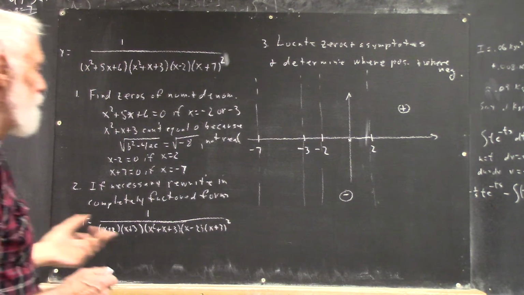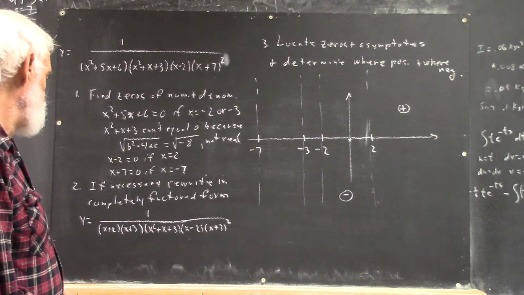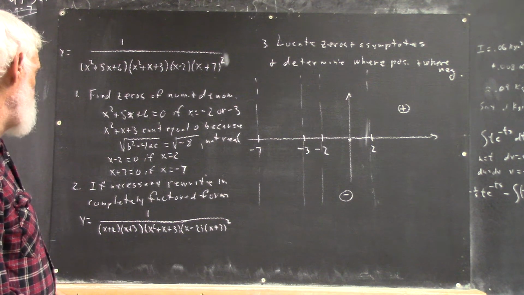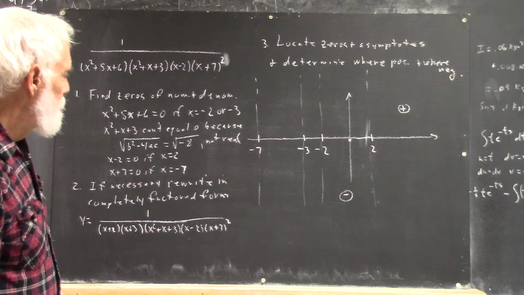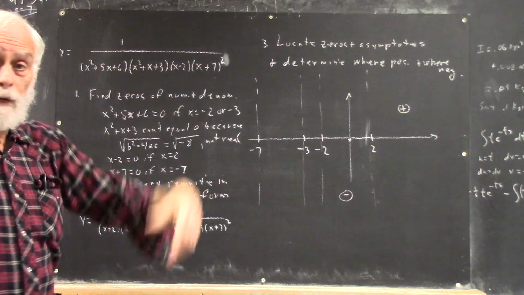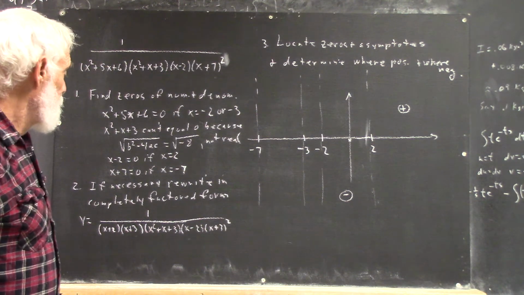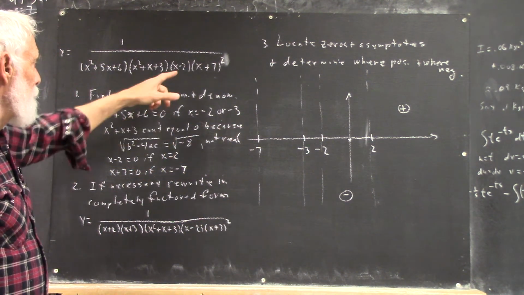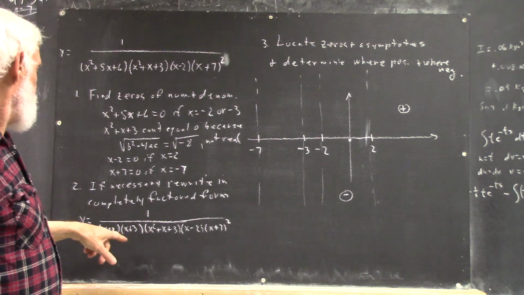And testing between negative 2 and negative 3, you can test like negative 1.5. You'd have to plug in all the numbers here, okay? Or you could say, okay, if x is between negative 2 and negative 3, then x minus 2 is clearly going to be negative.